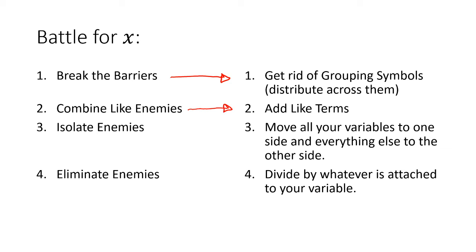Then we want to combine like enemies. We want to get our like terms together and combine them together. Then we want to isolate, which means we want to move our variables to one side and everything else to the other side. Get those variables all alone. Then we want to eliminate. We want to divide by whatever's attached to our variable.